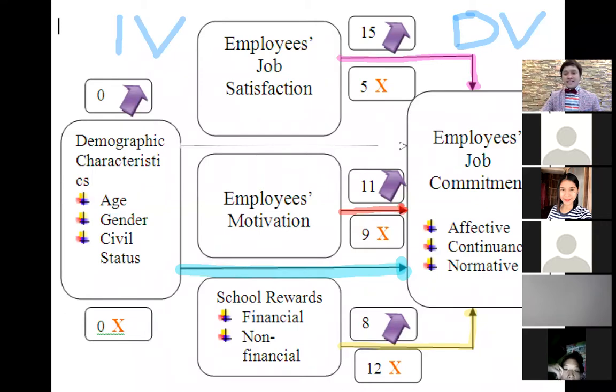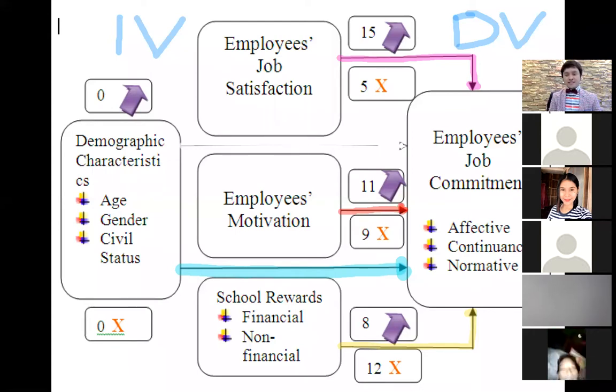Kasi kailangan sa research ay measurable siya. Mahirap i-measure ang uplift, no? Pero yung influence, may katapat na statistics yan. Sa research, stat, kapag sinabing affect, influence, at saka impact, ang ginagamit dyan, correlation and regression analysis.